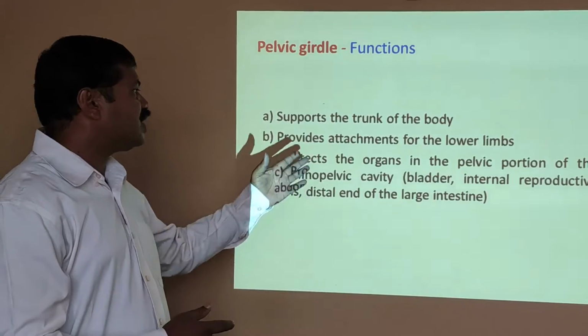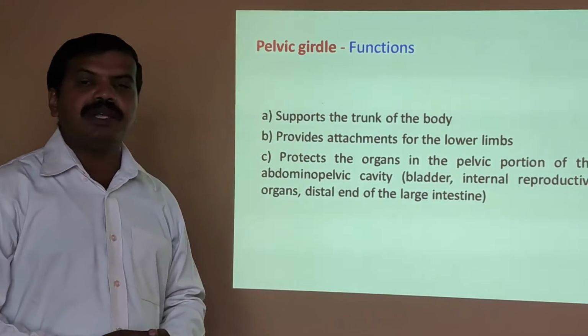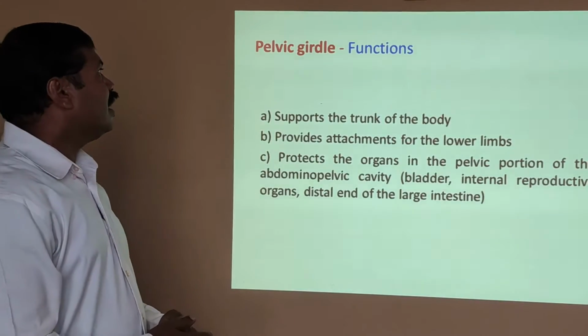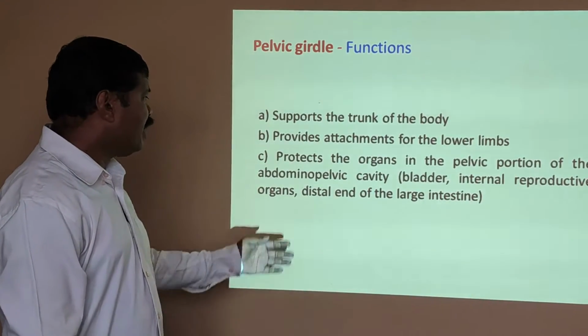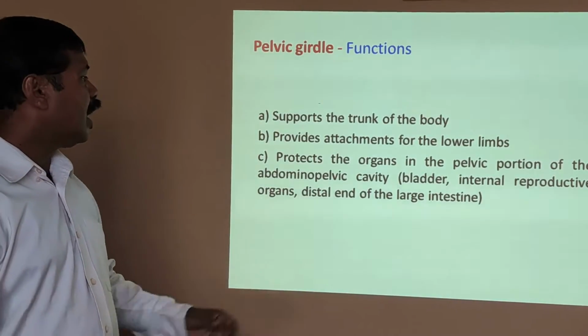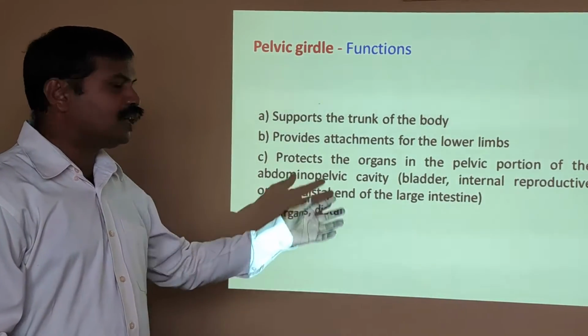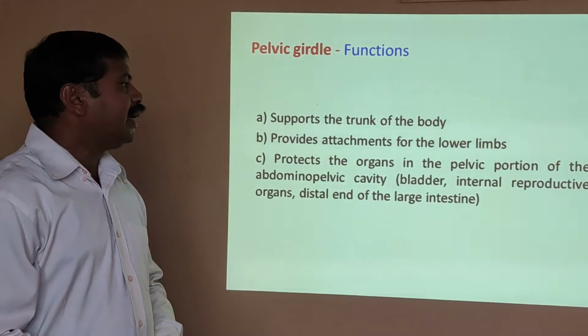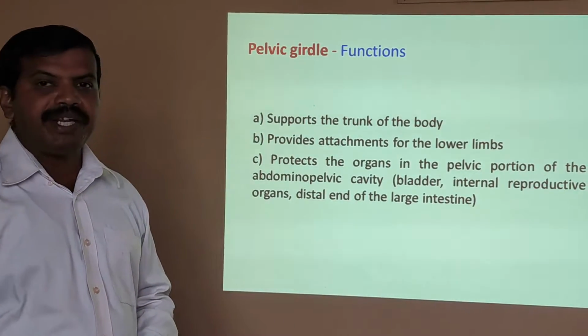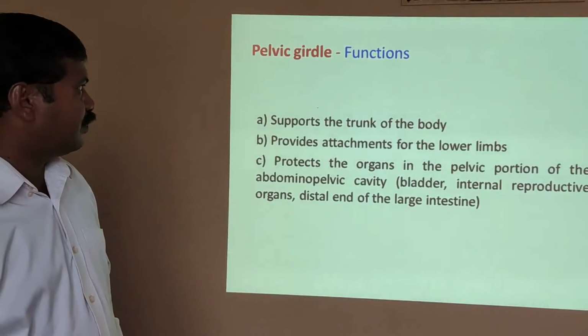The pelvic girdle protects the organs in the pelvic portion of the abdominopelvic cavity, including the urinary bladder, internal reproductive organs and the distal end of the alimentary canal, or the digestive system.